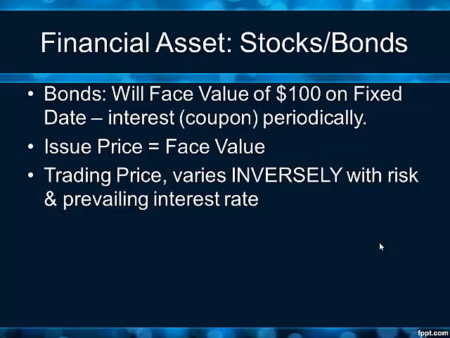The trading price of the bond is not the issue price. At the issue price, it has to be equal to the face value. So when I issue a $100 bond, it will be sold for $100 at the time of issue. If the bond is risky, people will not want to pay.